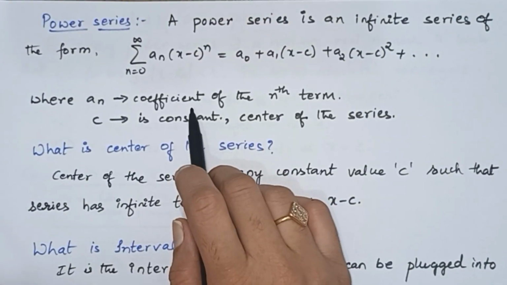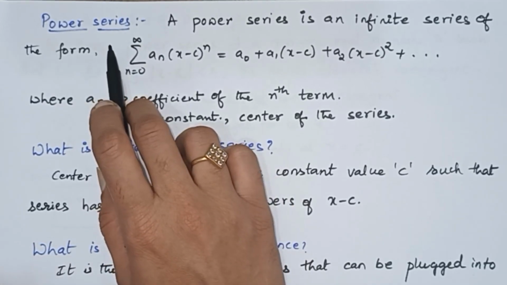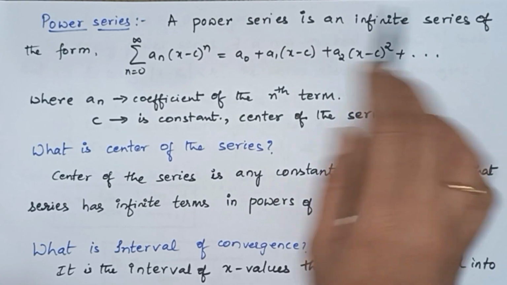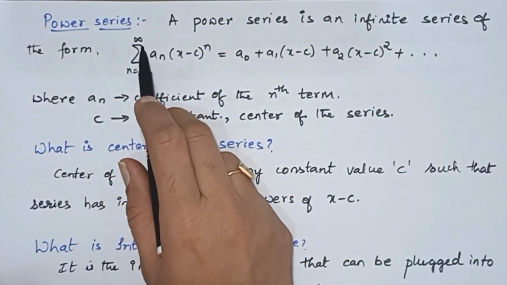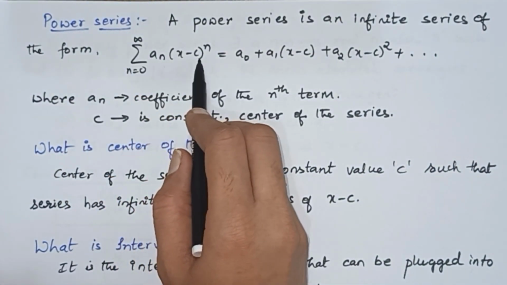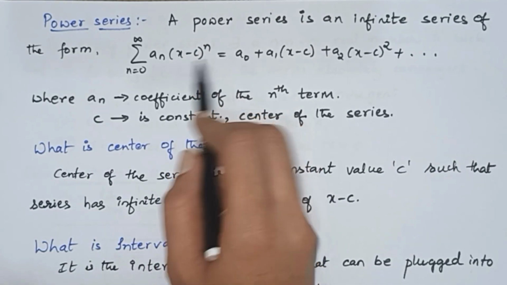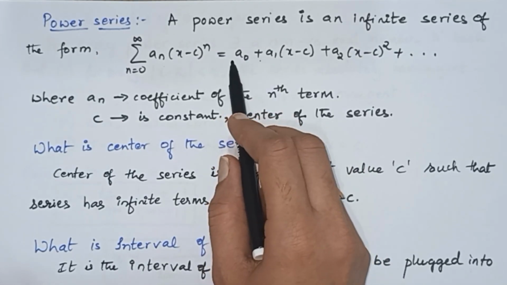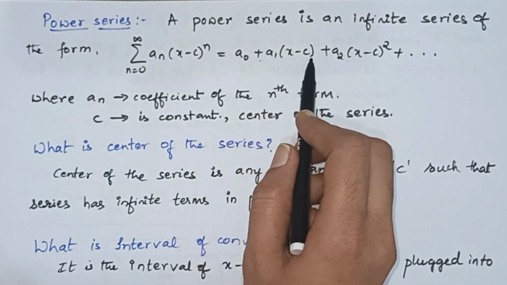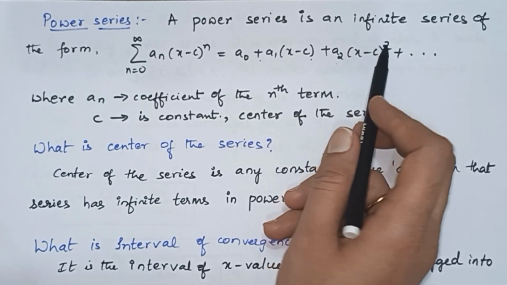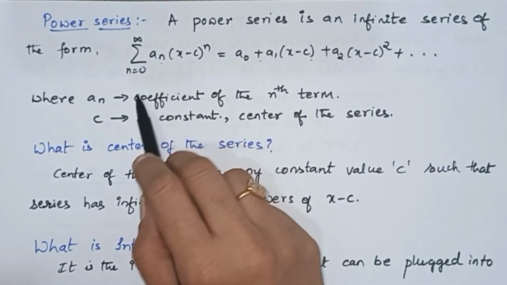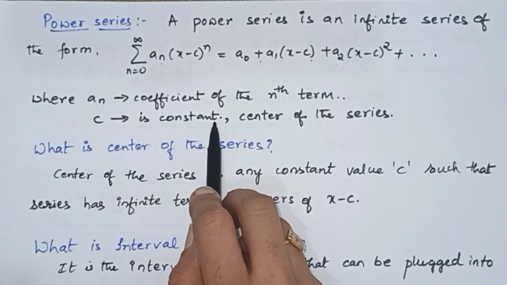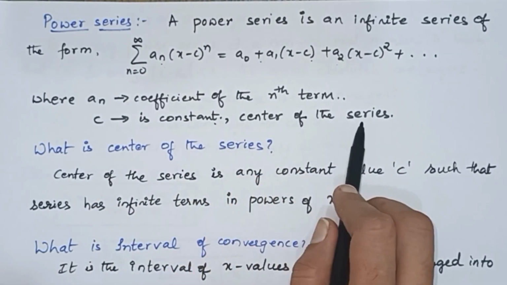Having said the need of power series, now I'll define power series mathematically. A power series is an infinite series of the form summation n equal to 0 to infinity a_n into (x minus c) to the power n, which is nothing but, when you go on giving values for n, we get the expansion as a naught plus a1 into (x minus c) plus a2 into (x minus c) whole square plus so on, where a_n is the coefficient of the nth term, and c is a constant, and c is called the center of the series.